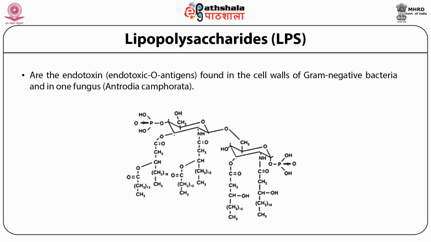The position 3 of glucosamine 2 assembles the glycosidic linkage, which is an acid labile, to the polysaccharide chain.